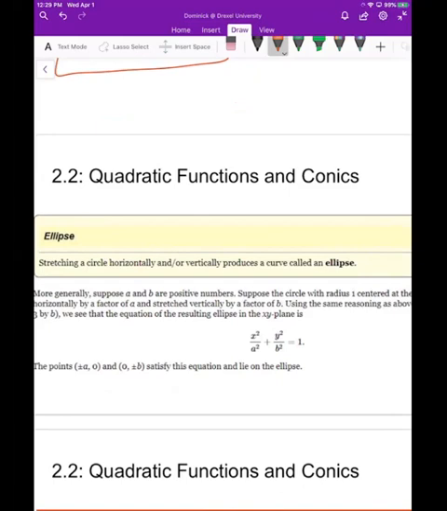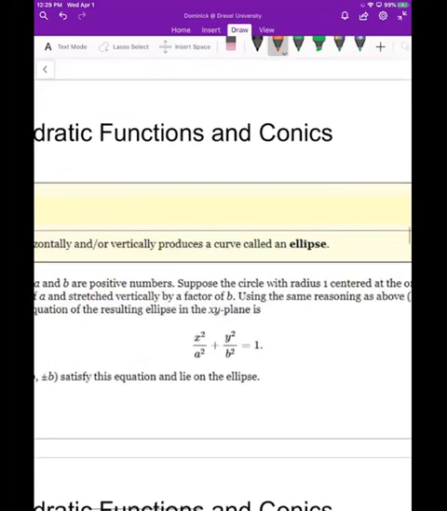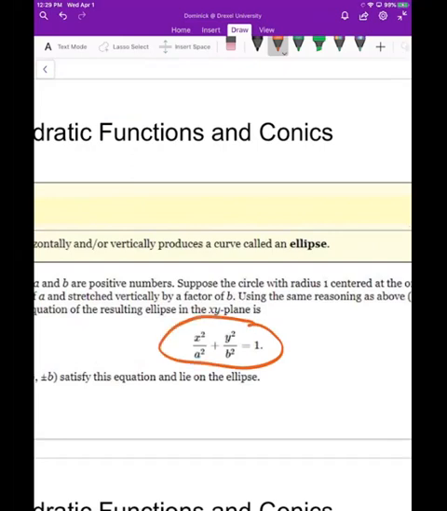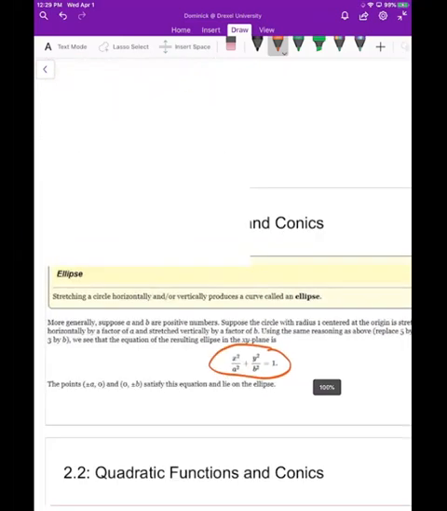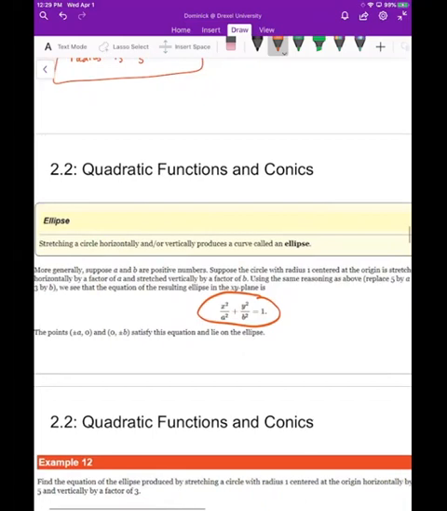If we write it in this form, we can think of taking a circle of radius 1 centered at the origin and stretching it horizontally by a factor of a or vertically by a factor of b, and we get an equation of this form. Then those 4 points would be on your ellipse: a comma 0, -a comma 0, 0 comma b, and 0 comma -b.